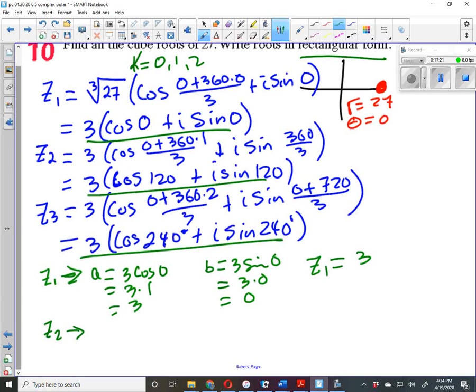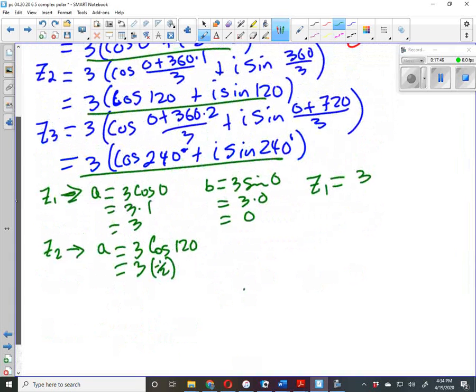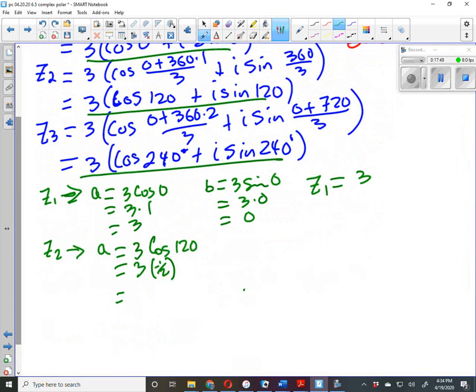Z sub 2, a is equal to 3 cosine 120. 3 cosine of 120. You're looking at your unit circle, it's going to be negative 1/2, or negative 3/2.